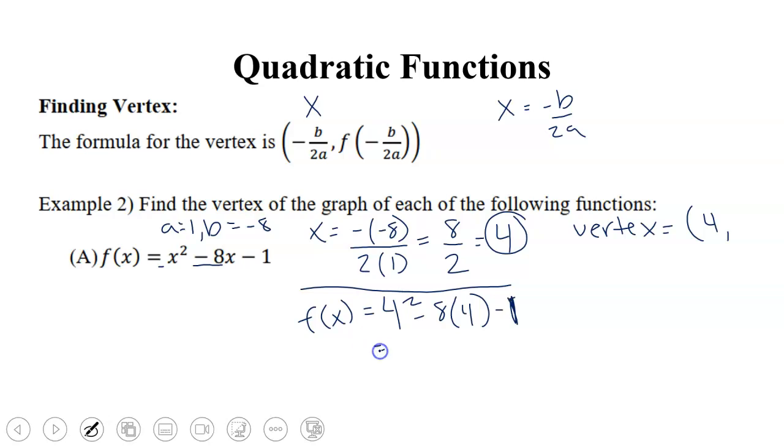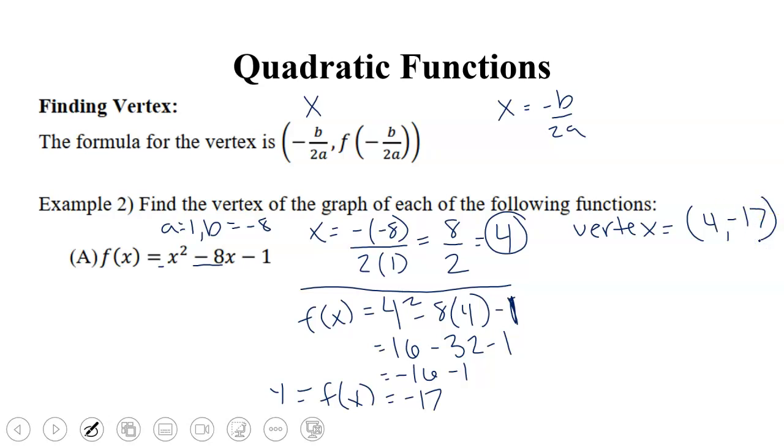Now solve. 4 squared is 16 minus 32. And then 16 minus 32 is negative 16 minus 1. So that's negative 17, f of x, which is actually y, right? So the y is negative 17. So that is my vertex.